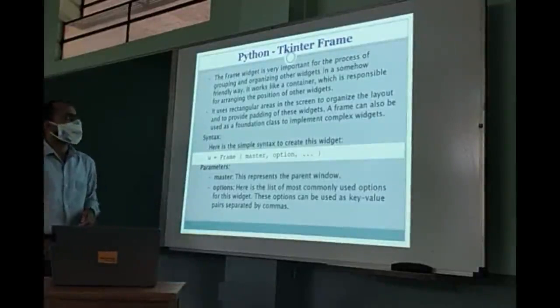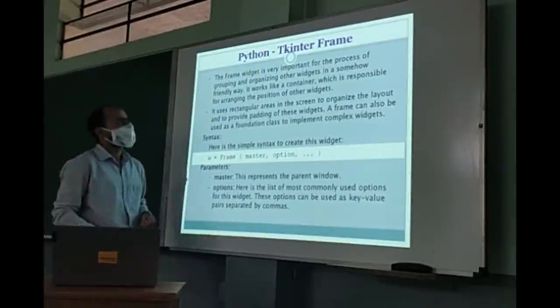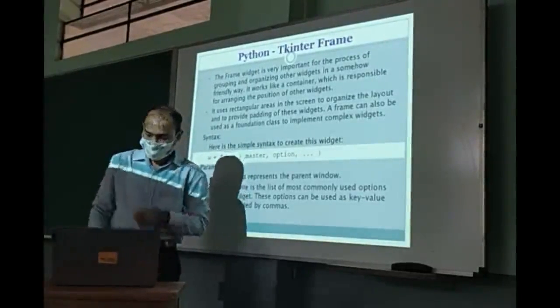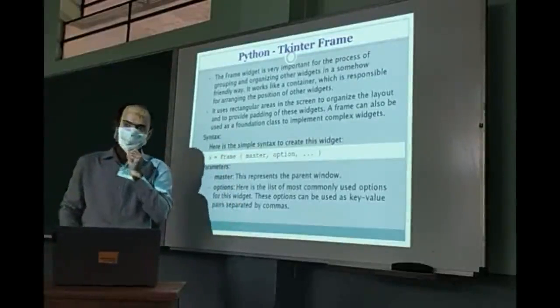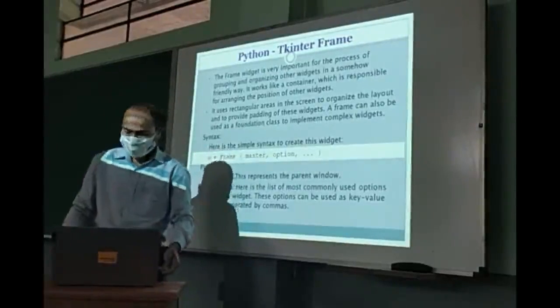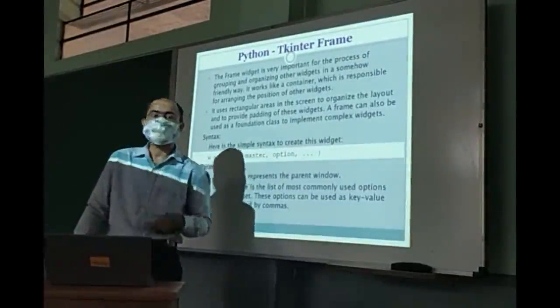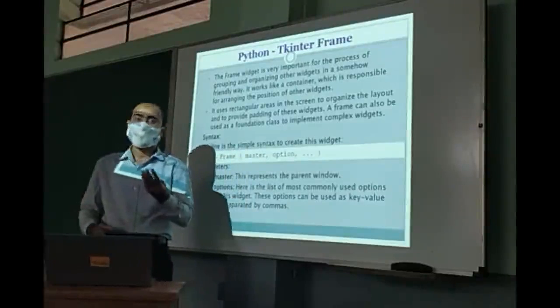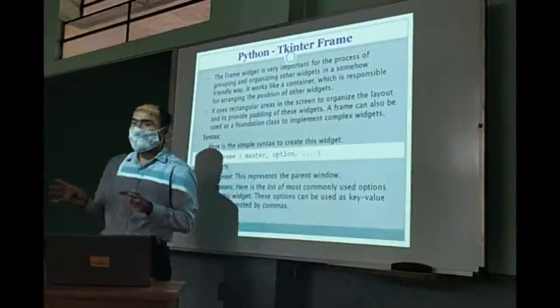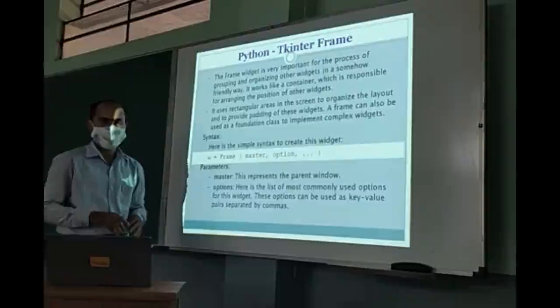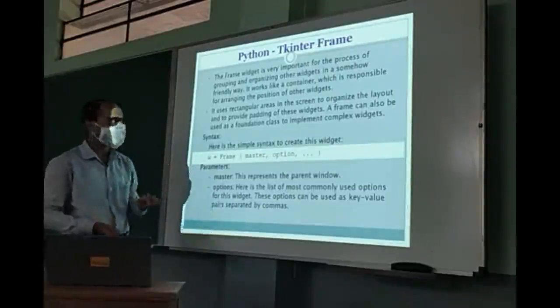The first widget that we will study is the tkinter frame. A tkinter frame is a container, as we have studied a frame in Java as well, which is used to contain other widgets or other components. Even in tkinter, the frame widget can contain other widgets, so it is called a container.